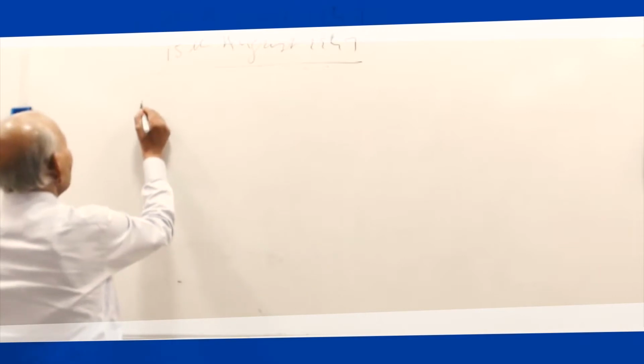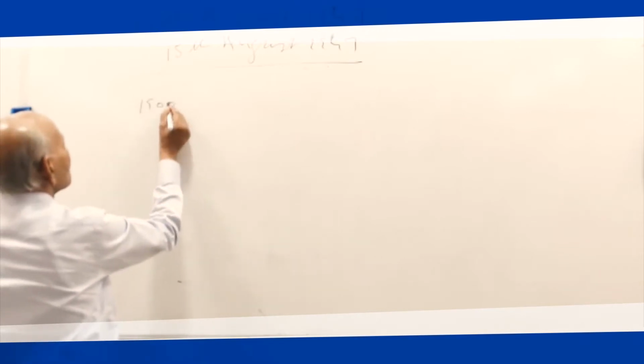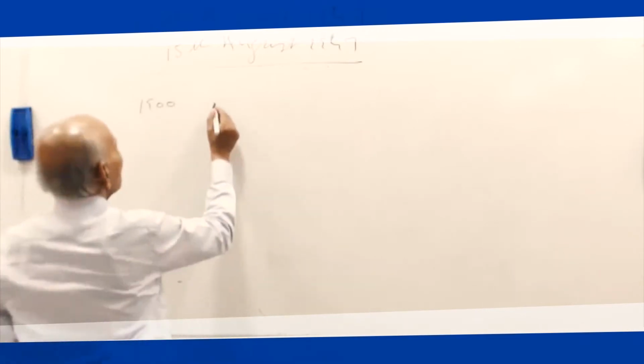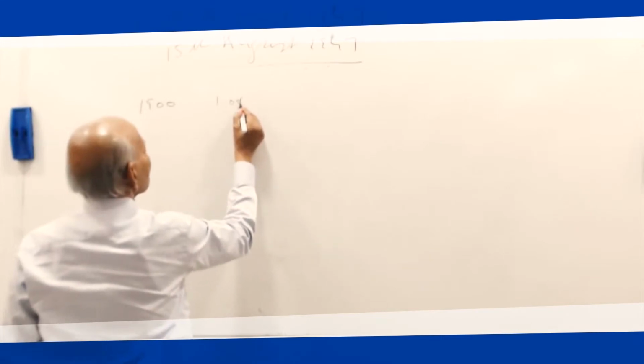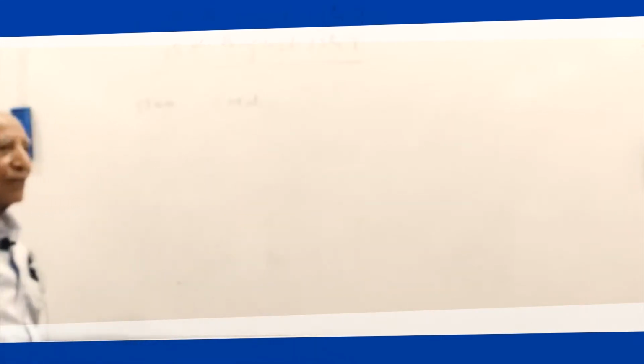So we want to count what day was there on this 15th August 1947. So in 1900 years, how many odd days? One odd day.